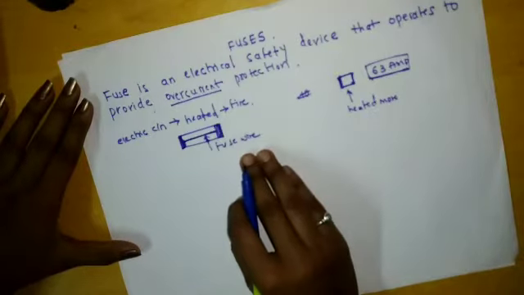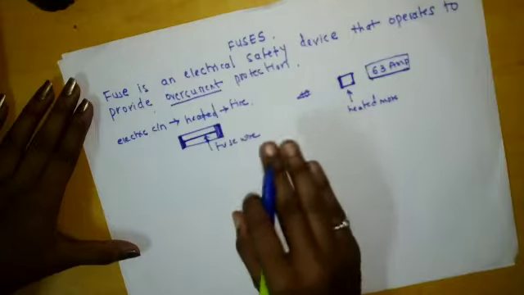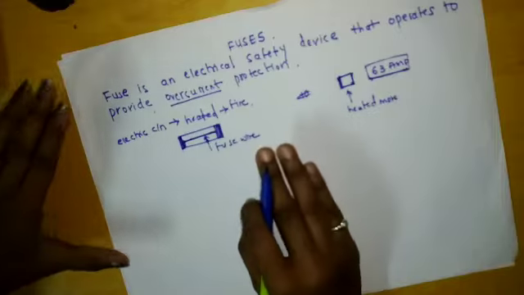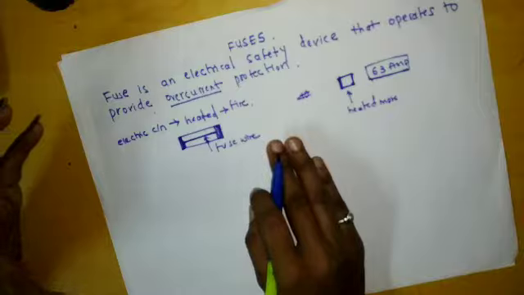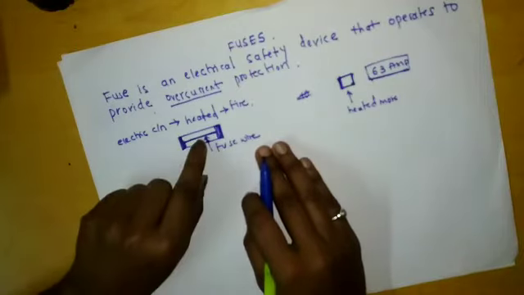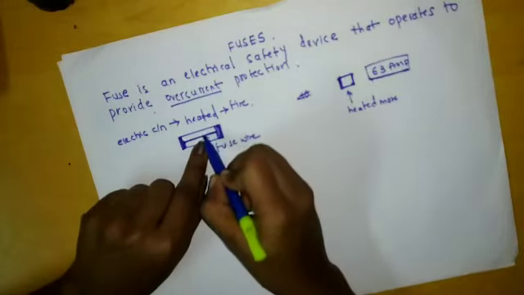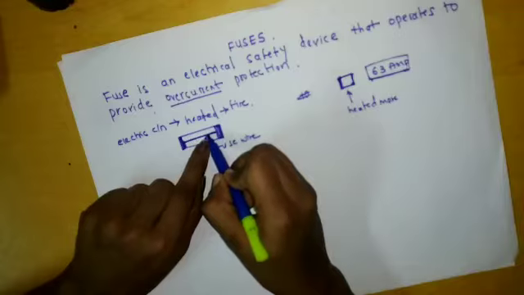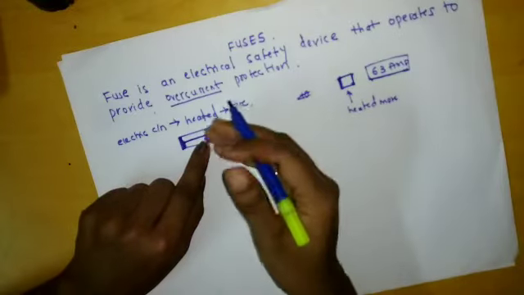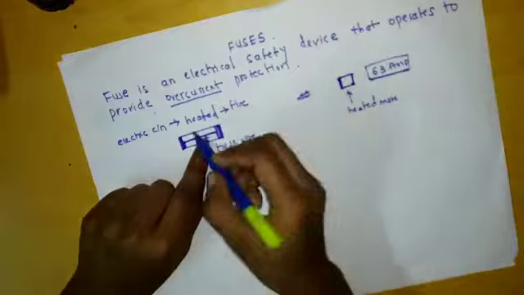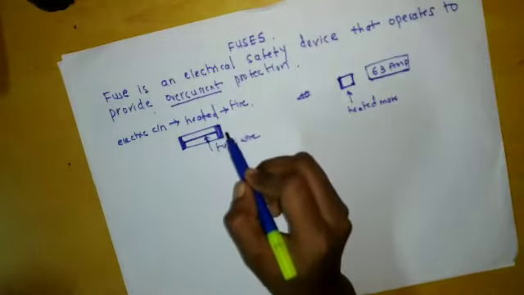So silver is used in special cases because silver is costly, so we cannot use silver everywhere, and this fuse wire gets melted whenever the overcurrent flows through it. And if we use silver here, then replacement is very costly, so we do not use silver.